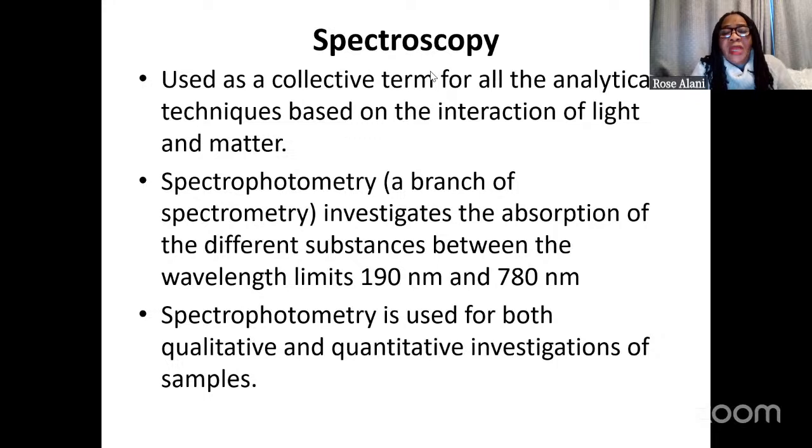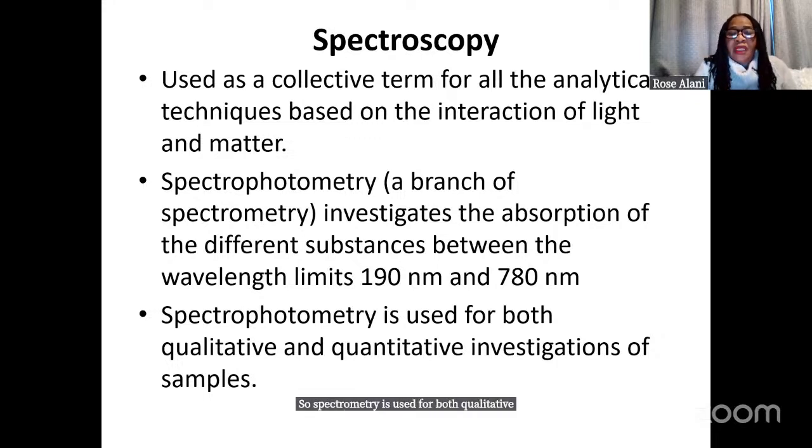So spectrometry is used for both qualitative and quantitative investigations of samples. What I mean by that is it is used for both identifying if the analyte is in the sample and also quantifying how much analyte is in the sample.